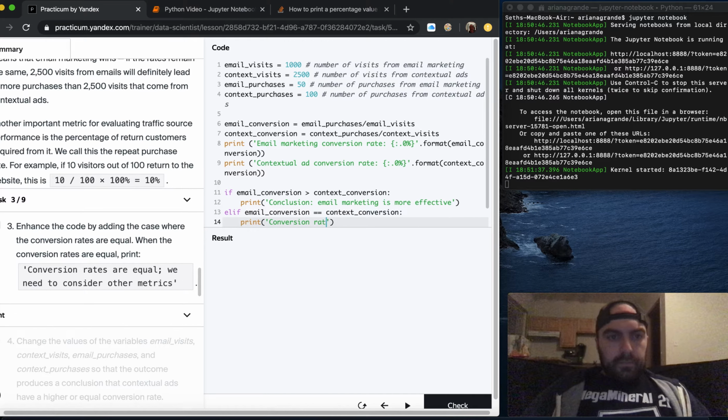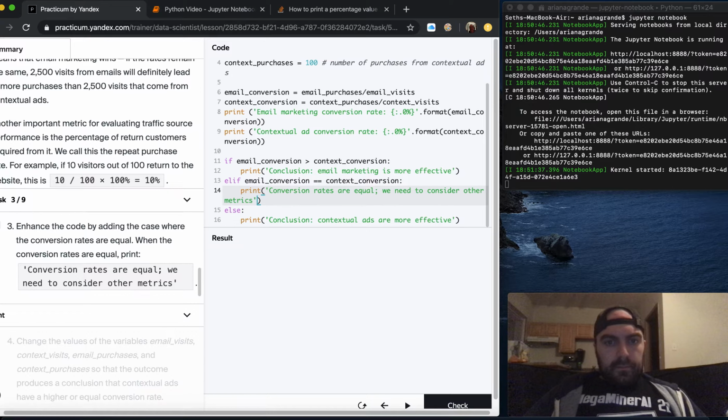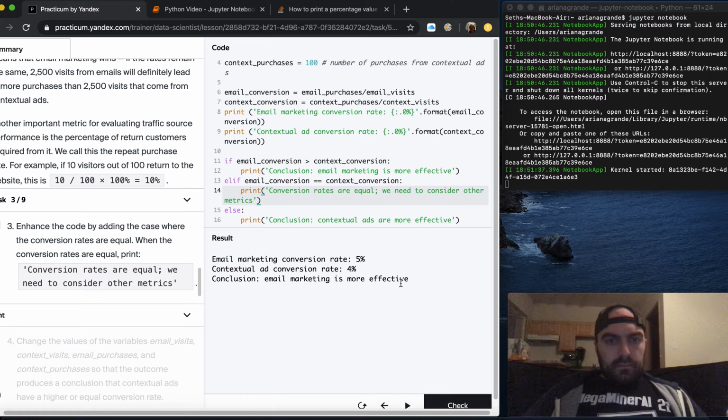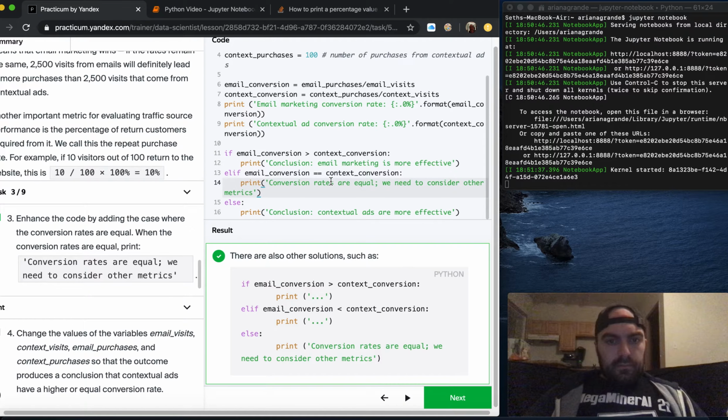Conversion rates are equal; semicolon, we need to consider other metrics. Okay? Check that. There are also other solutions. Okay, next.